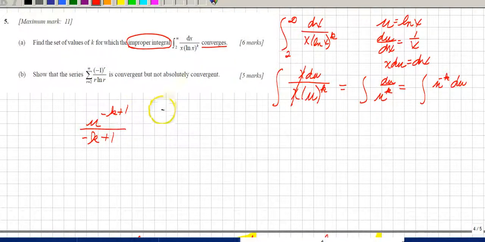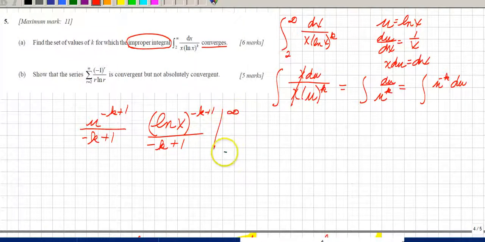Let's replace our u with what it was originally, which is ln x. We have ln x to the, let me put my parentheses in there, negative k plus 1 power over negative k plus 1. And our limits of integration were infinity, 2 on the bottom.